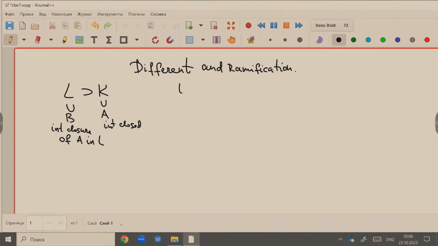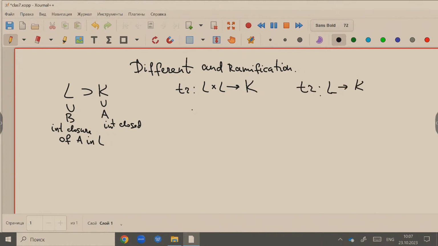we have introduced the trace map from L to K. Yeah, so the bilinear form came from a linear functional, so also we denoted it by the same letter.